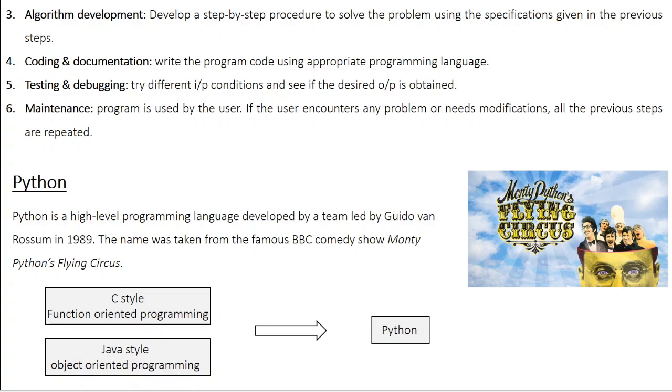Both are important. Luckily for us, Python combines both these features. It has the C style of functional-oriented programming as well as the Java style of object-oriented programming. That's why in some sense you can say that Python is a much superior programming language compared to C or Java.